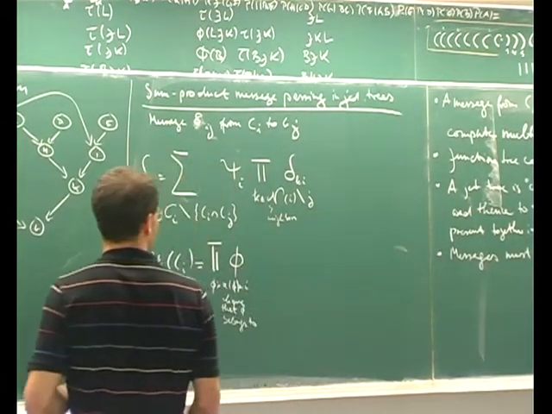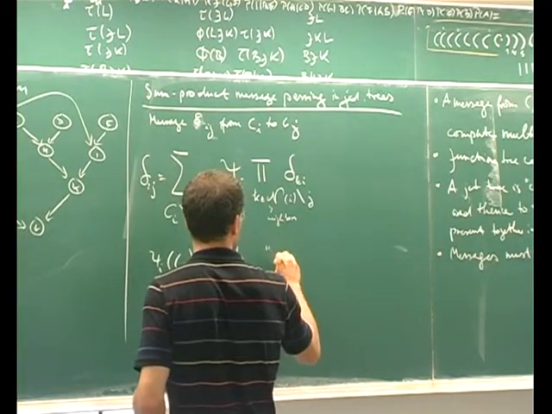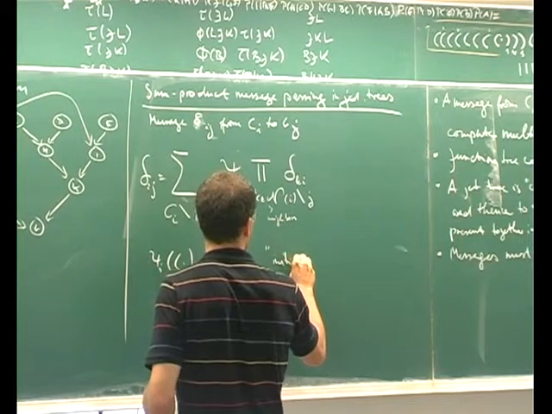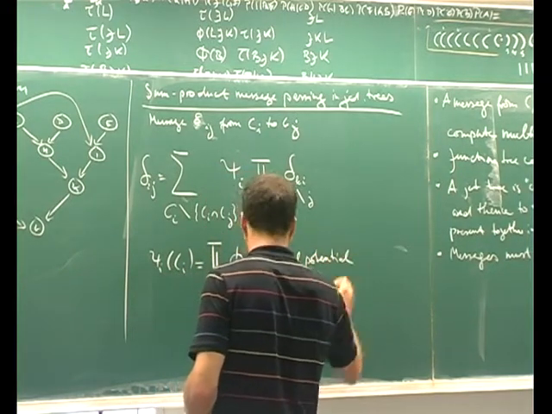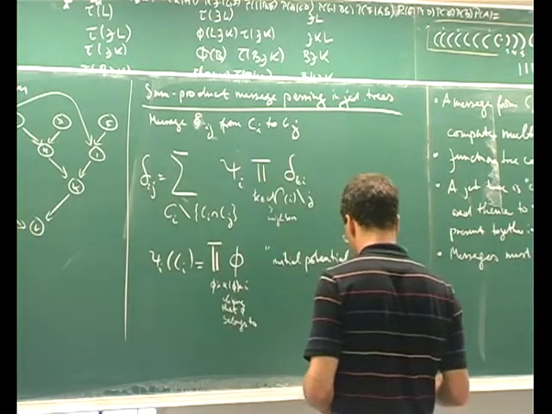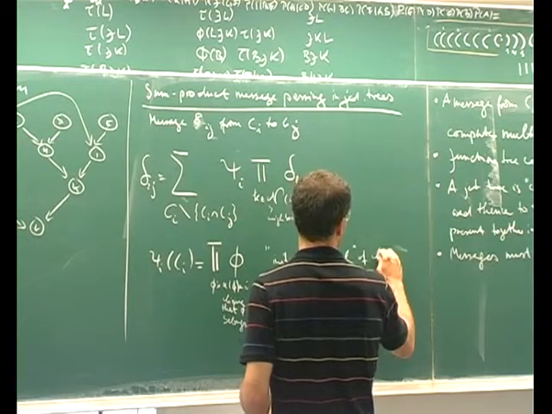Okay, and I called it native potential. I think the official name is initial potential of cluster I.